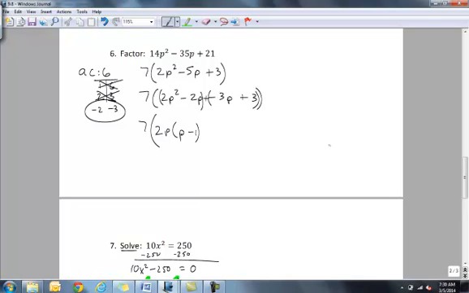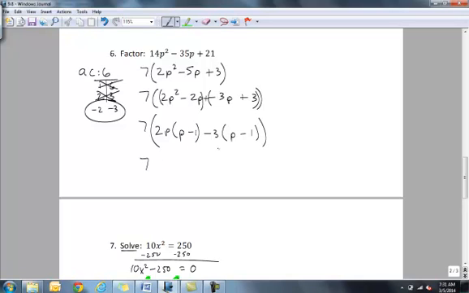In the second grouping, there's a 3 in common, but I'm going to factor out a negative 3 because remember from last time, I want my leftovers to match. A negative 3 factored out of negative 3p is just p. Negative 3 factored out of positive 3 is negative 1. Again, the reason why I did that is I wanted my leftovers to match. So you want to be careful to notice that.